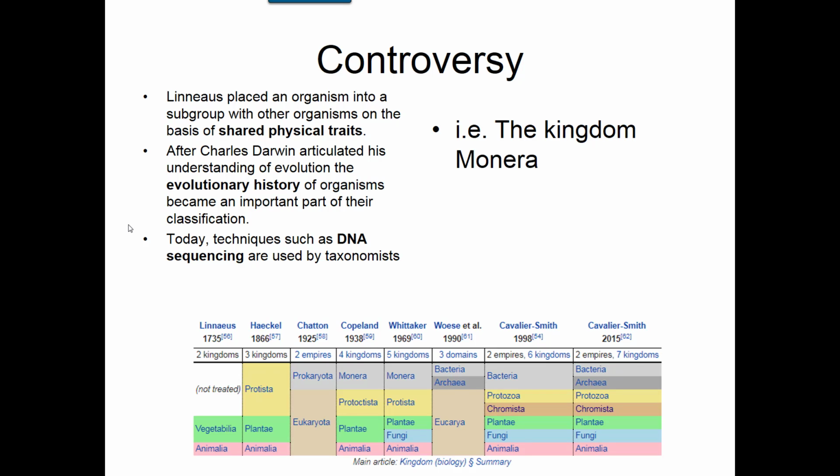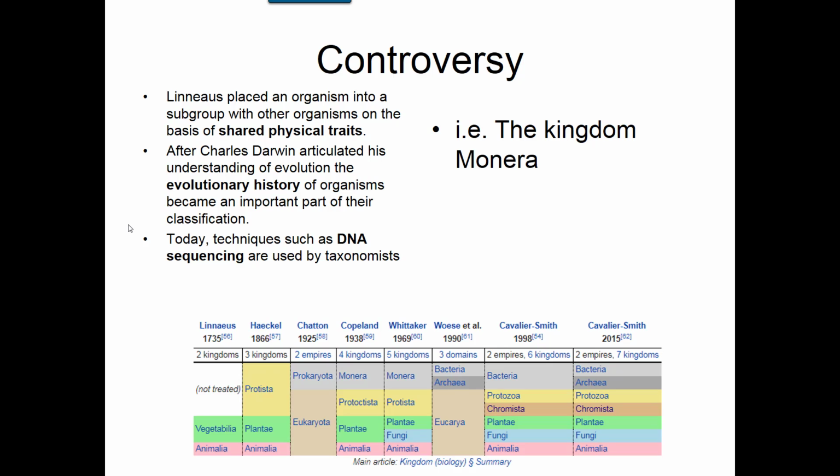Then, in 1859, Charles Darwin changed biology by publishing The Origin of Species and articulating his understanding of evolution. So then, the evolutionary history of organisms became an important part of their classification.